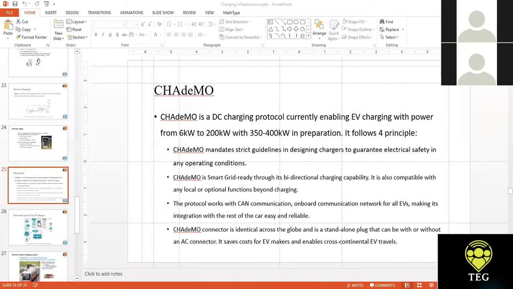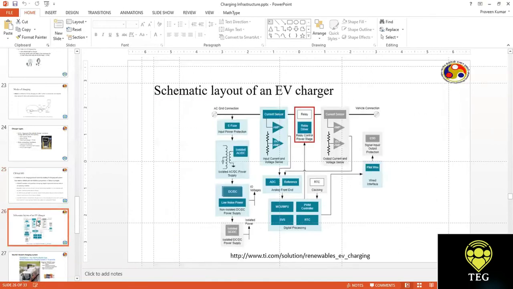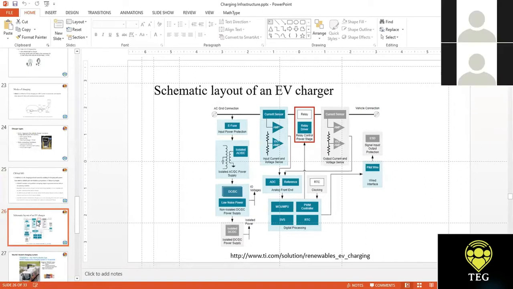Now, if we look into a charger more deeply, these are some of the components that a charger has. Of course it has an input protection system, which we call the eFuse.